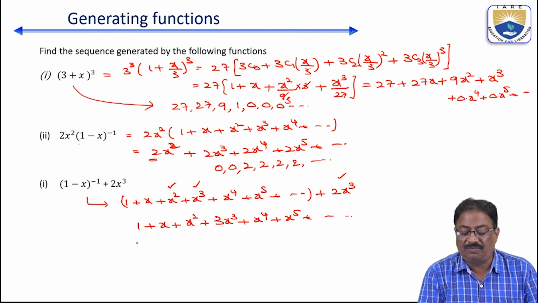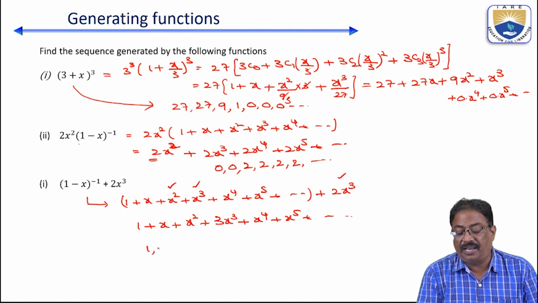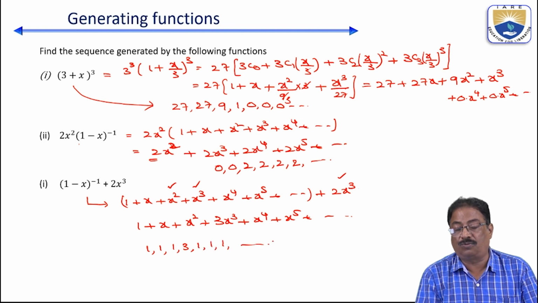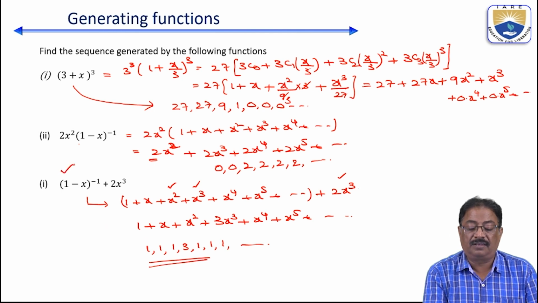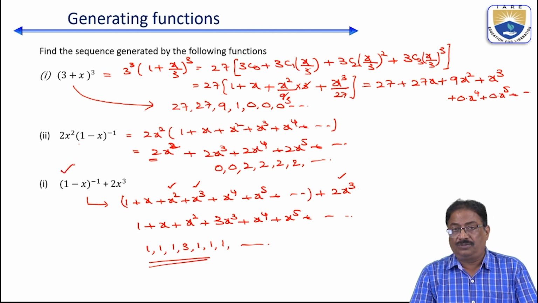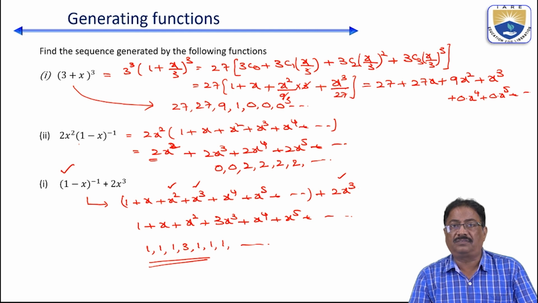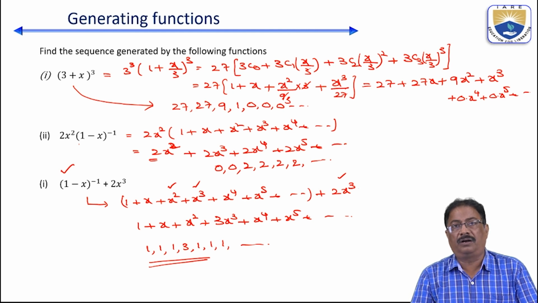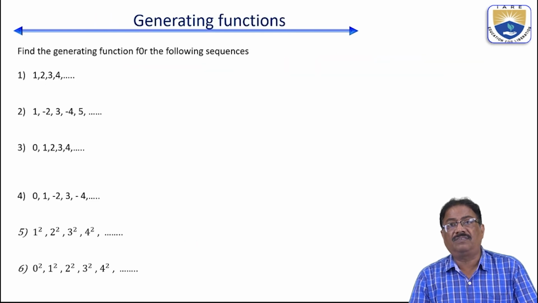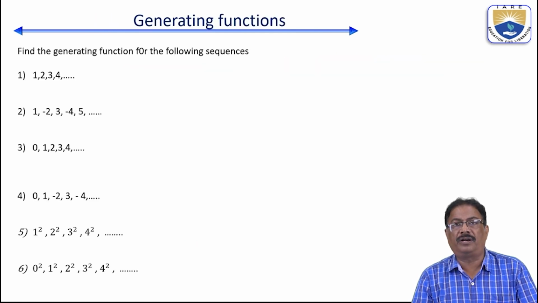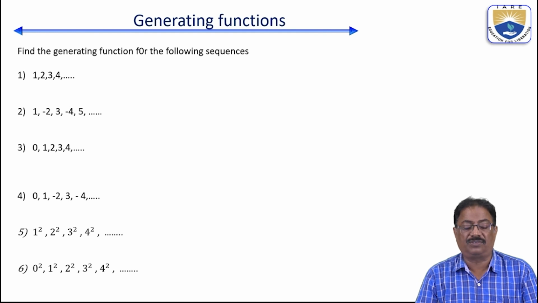What is the sequence of this? The constant coefficient is 1, the x coefficient is 1, x square is 1, x cubed is 3, x power 4 is 1, x power 5 is 1, and so on. So this is the sequence for this generating function. Here generating functions are given and we find the corresponding sequence. Now the next ones are where sequences are given, and we have to find the corresponding generating function.